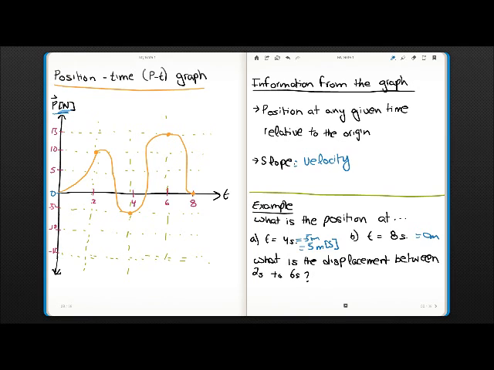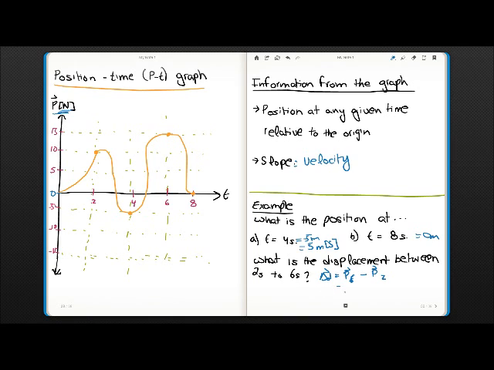The second question is, what is the displacement between 2 to 6 seconds? So, as I've said in my first video, I believe, the displacement, delta D, equals the final position, or in this case will be position at 6 seconds, so P6 minus P2.